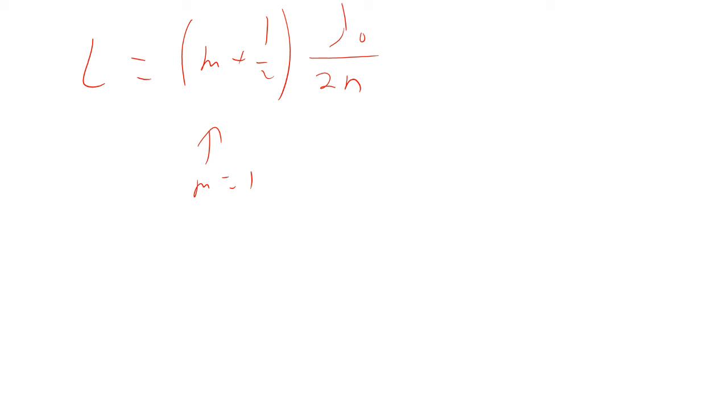So if m equals 1, L equals (m plus 1/2) lambda naught over 2n. Then 1 plus 1/2 is 3/2. So that would be 3 lambda naught over 4n.